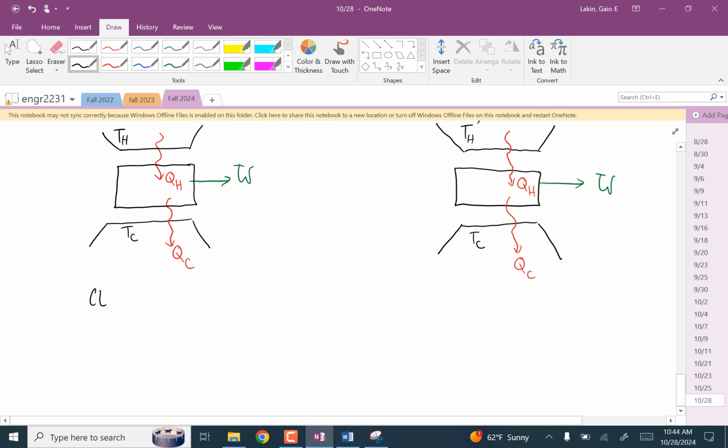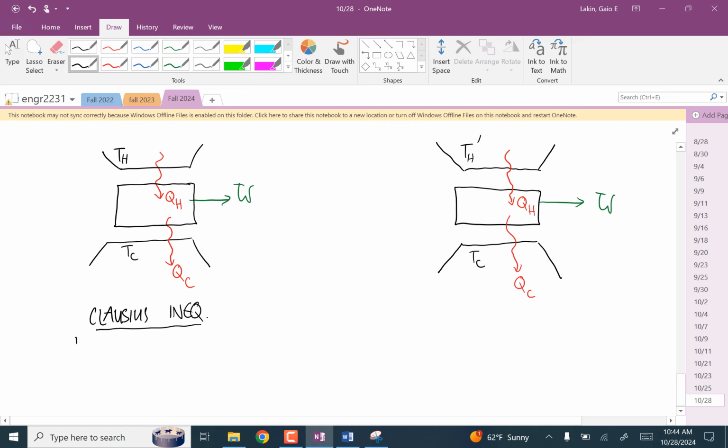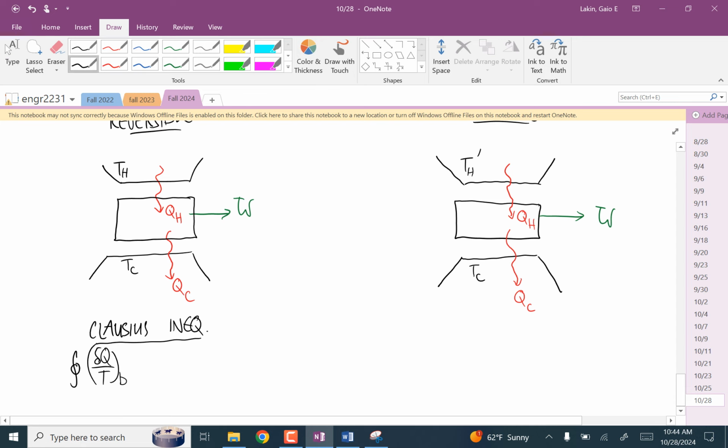Okay, so for the reversible case, the Clausius inequality says, this is the definition, this integral for the cycle of delta Q over T around the whole boundary. For a reversible case, what is this integral going to come out to be?